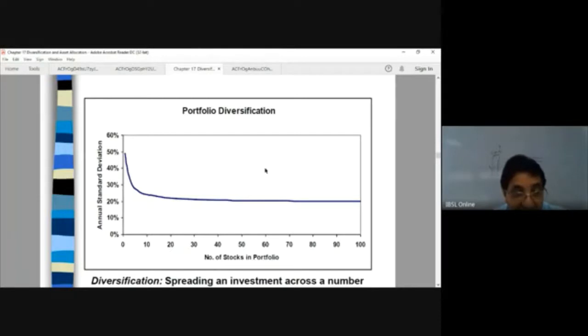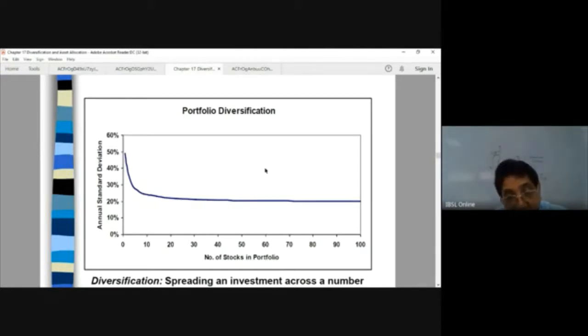There's a limitation for that. From that point onwards, even though you add assets, the total risk will not come down.